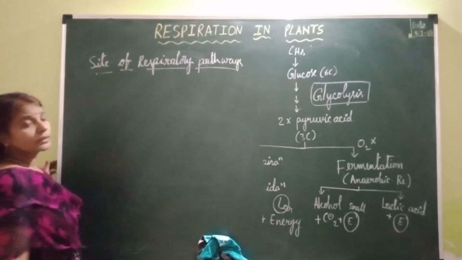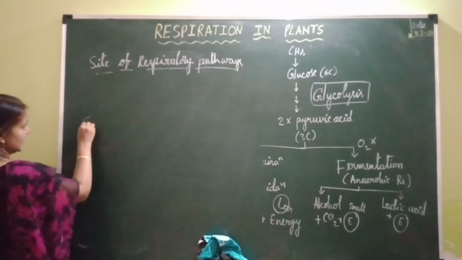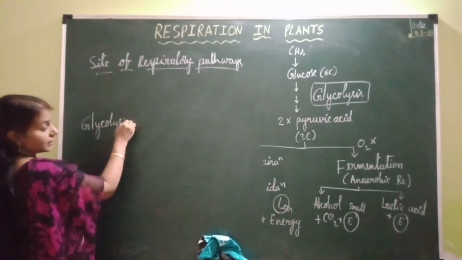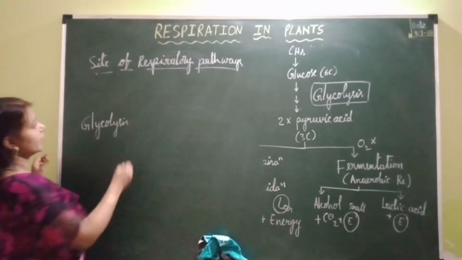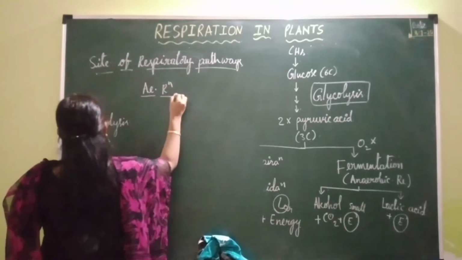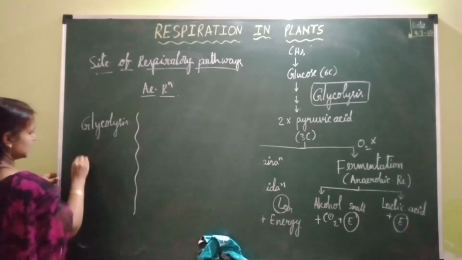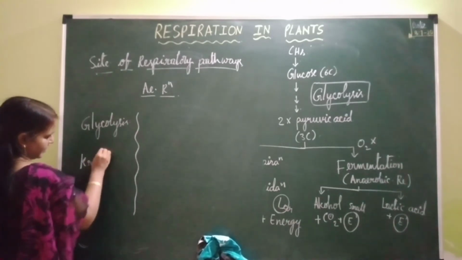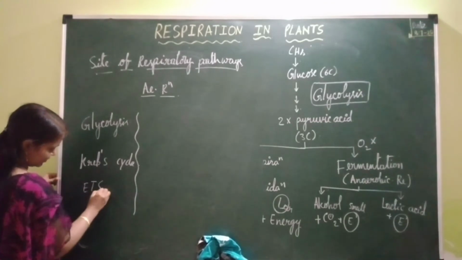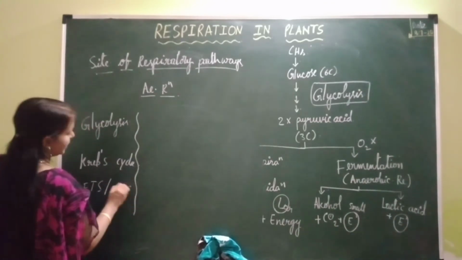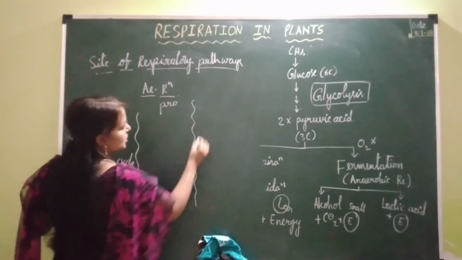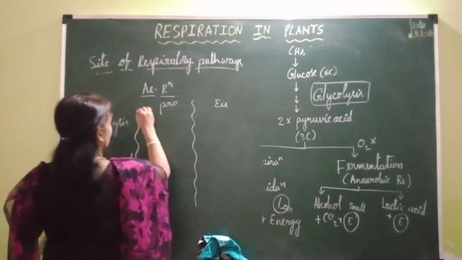What are the different respiratory pathways in aerobic respiration? First, let's study the sites of different pathways of aerobic respiration: glycolysis, Krebs cycle and ETS or ETC, electron transport system or electron transport chain. Let's study the sites in case of prokaryotes and in case of eukaryotes.